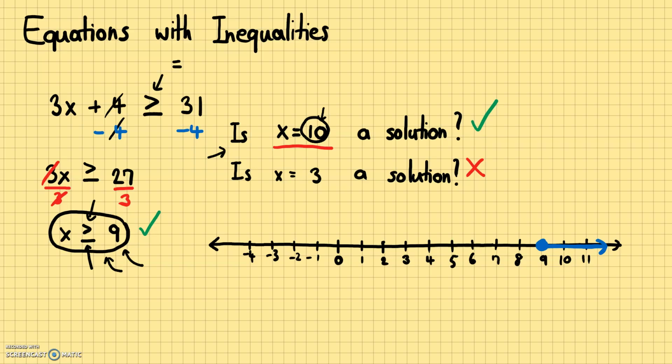Okay, this means that any number that is greater than or equal to 9 is going to be a solution for this inequality. Okay, so while equations or equalities have only one solution, inequalities have many solutions.